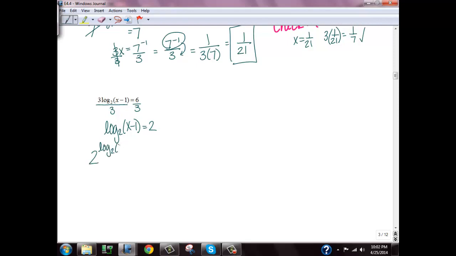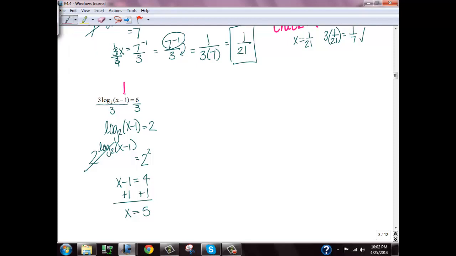So 2 raised to the log base 2 of x minus 1 is equal to 2 raised to the second power. I do this so that my log base 2 and 2 will cancel, which leaves me with x minus 1 is equal to 2 squared, which is 4. And then all I have to do is add 1 to both sides, which gives me x equals 5.